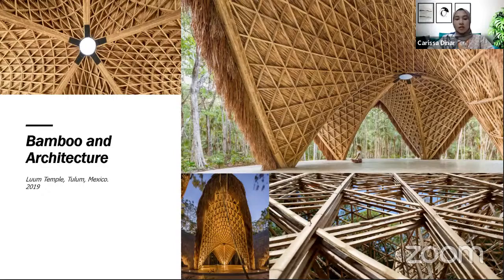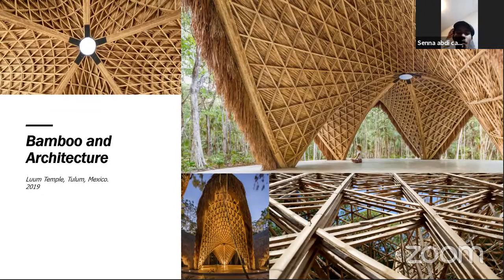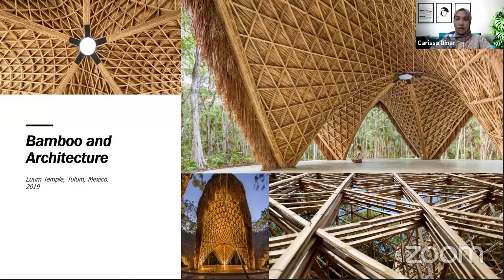Next is Loom Temple, which is part of the amenities of a new residential development called Azulik Zama in Tulum, Mexico. The project is a five-sided catenary structure made from bamboo, assembled from flat sections of bamboo, bent on sides, screwed and strapped together. The individual woven bamboo elements work together as one element.